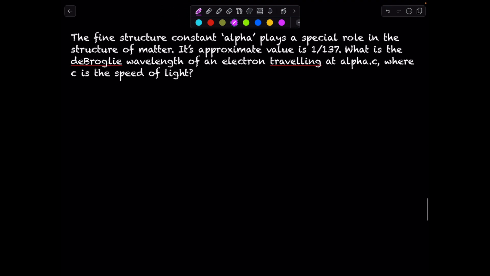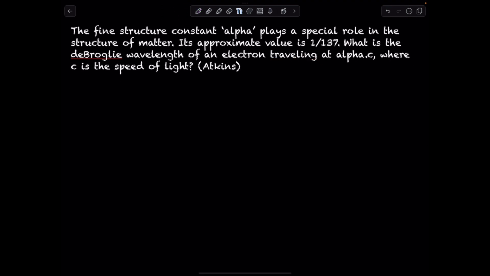Let's do one more problem. The fine structure constant alpha plays a special role in the structure of matter. Its approximate value is 1 over 137. What is the DeBroglie wavelength of an electron traveling at alpha.c, where c is the speed of light? This problem is also from Atkins.